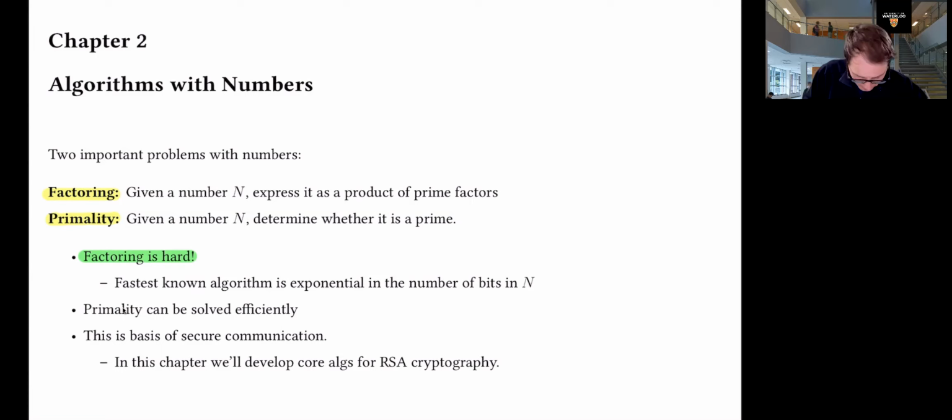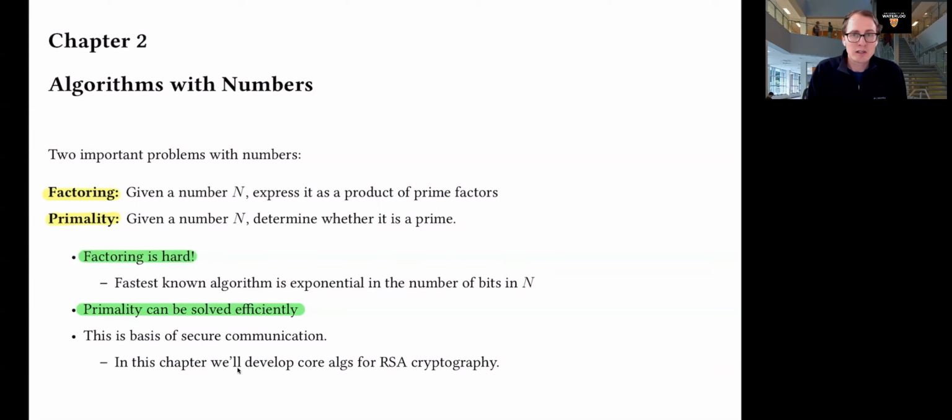On the other hand, primality, testing if a number is prime, can be solved efficiently. Even though these two problems are very linked, certainly if we had an algorithm for factoring, we could solve primality. But with an algorithm for primality, we can't solve factoring, at least as far as we know.